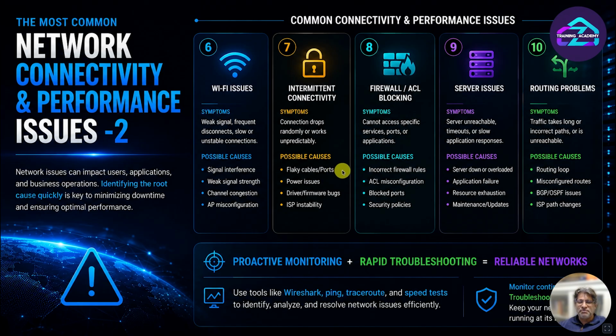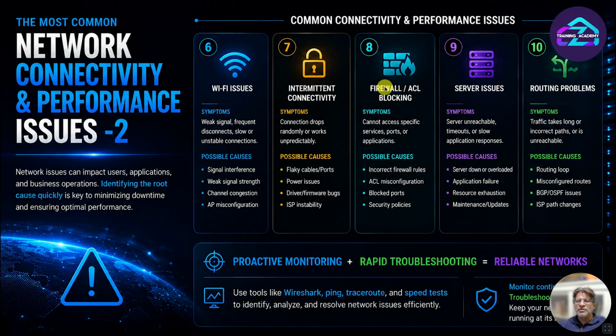So we had to buy better wiring with better shielding to make sure that we fix this issue, right? Especially if you're going very, very fast speeds like gigabit Ethernet speeds. If there is any interference whatsoever, this will really cause a problem, right? If there are any power issues that you may possibly have, any driver firmware bugs, always look for them. You're going to make sure your systems are updated with firmware. And if there is internet service provider instability, right, that could also cause issues.